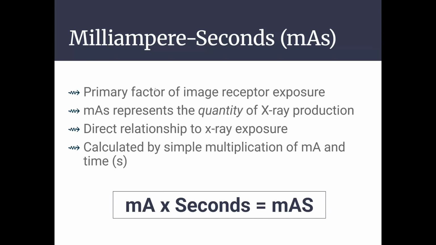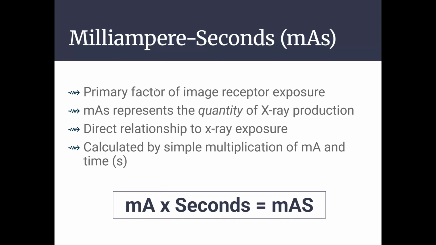So again, just like that garden hose theory, the amount of X-ray production is the same as the volume of water going through the hose. It has a direct relationship to X-ray exposure. So the higher the mass, the more exposure there will be, a higher dose, which will also mean a higher signal value.